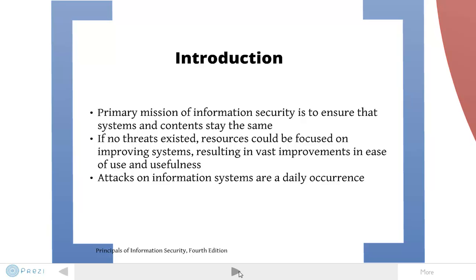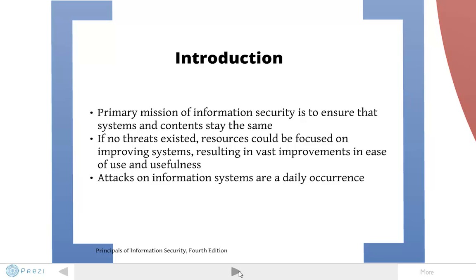So when we read here that the primary mission of information security is to ensure that systems and content stay the same, right? So we want to make sure that if a resource is public, it stays public and it is available. Now, if the resource is available under some confidentiality requirement, it still stays available, but it is unchanged.